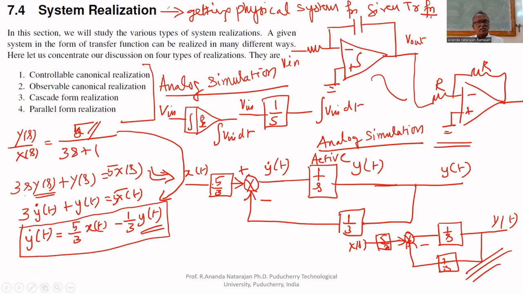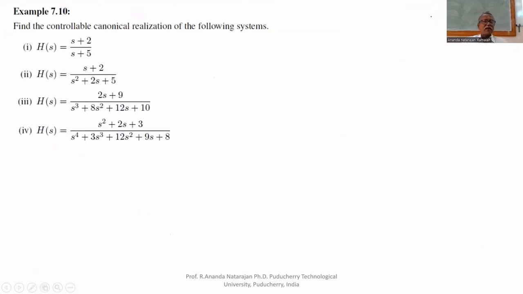So how to get a physical system? There are 4 methods available: controllable canonical realization, observable canonical realization, cascade form realization, and parallel form realization. First, let us see controllable canonical realization.